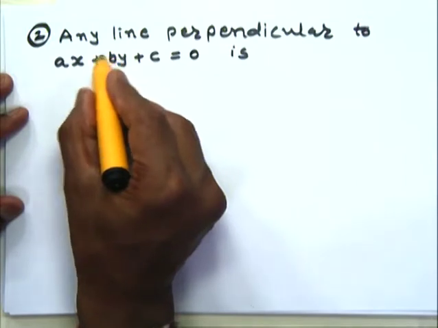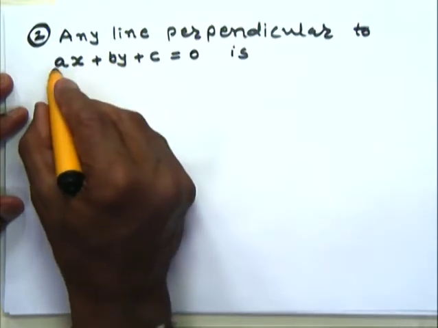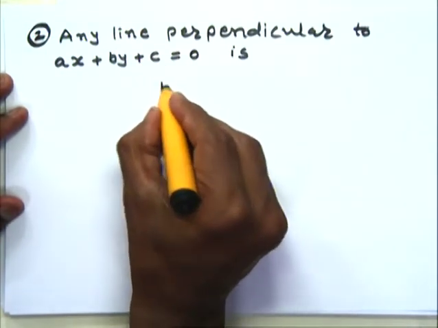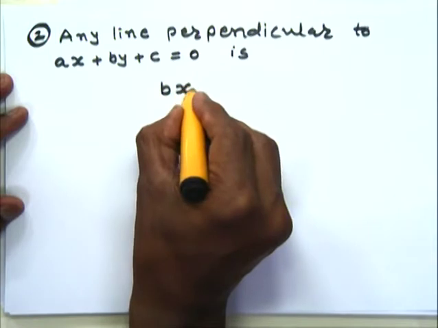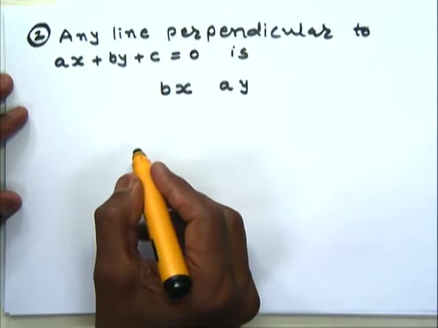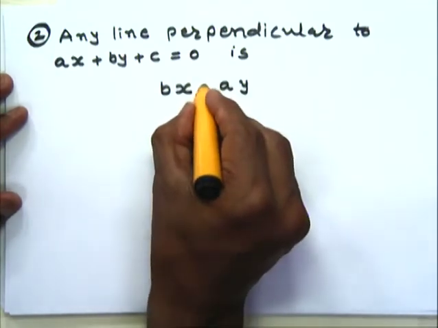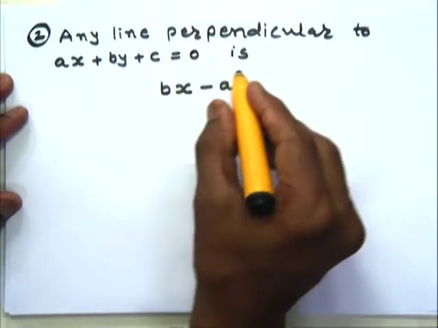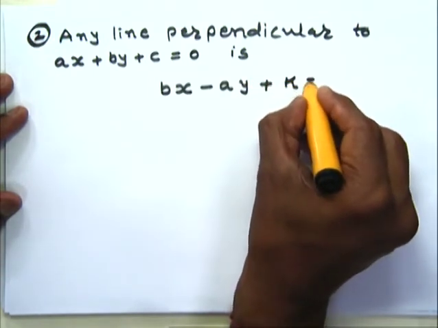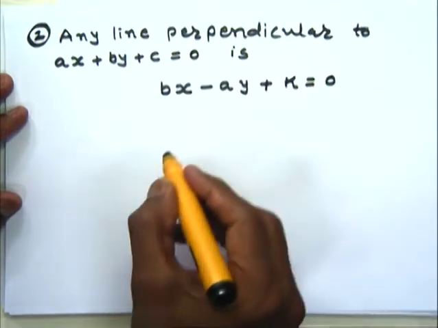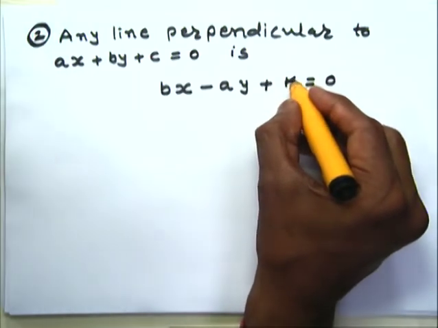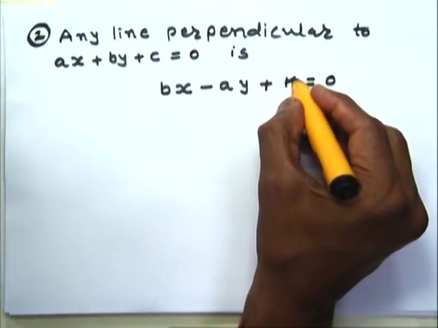Interchange the coefficients of x and y, that is bx ay. Interchange the coefficients and change the sign in between, plus a constant equal to 0. That constant can be any number.